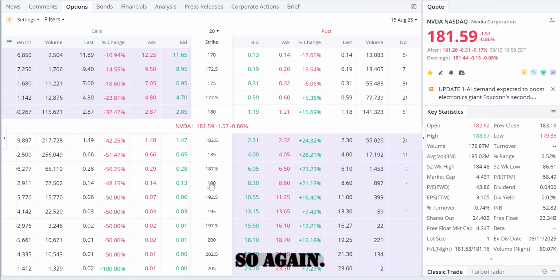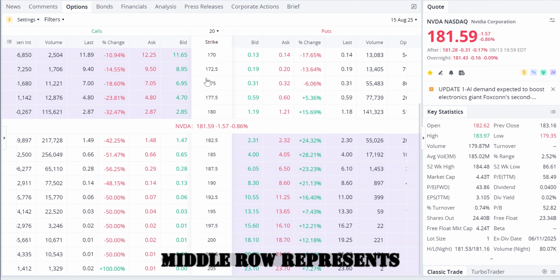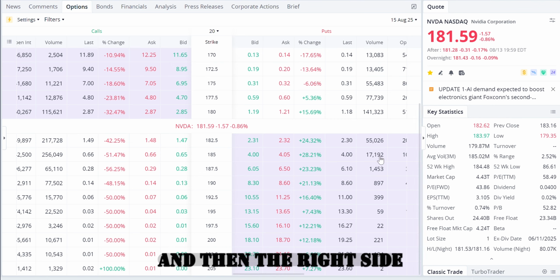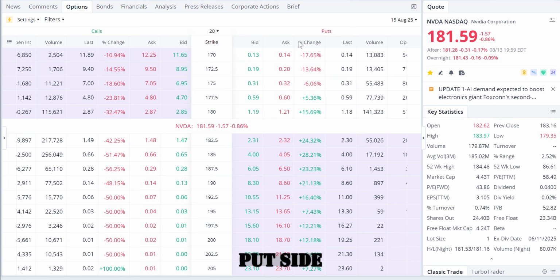So again, the top row represents one side, the call side. The middle column represents the strike price, where you're speculating the price of that stock will go. And then the right side, put side, down.